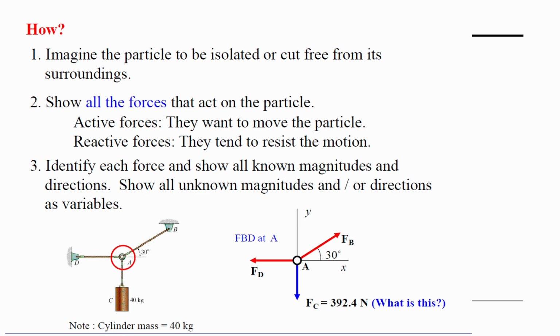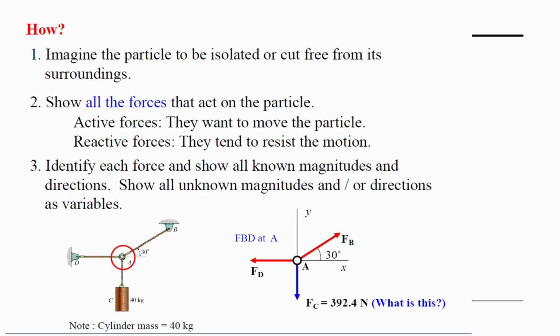So for instance, we have here 3 forces. We have a cylinder with a mass of 40 kilograms. To represent that as a force, we need to multiply by gravity, which is 9.81. So we will obtain the force at point C to be 392.4 Newton.